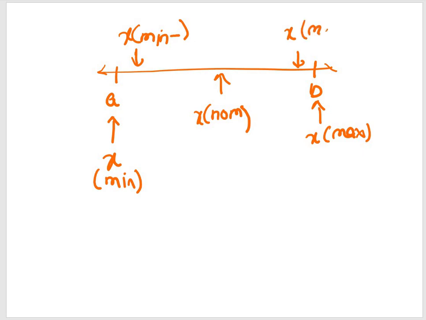On top of it, we have a maximum value, let's say X max, and I have X max minus 1. Here I can also look for, let's say, plus 1 as well. Here also I can also look for this value as well.